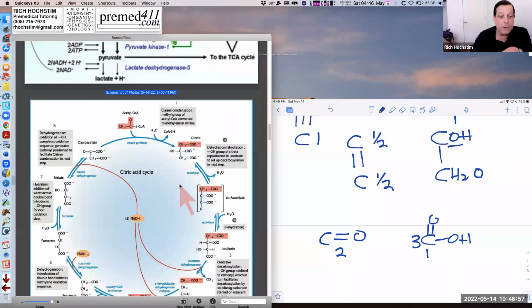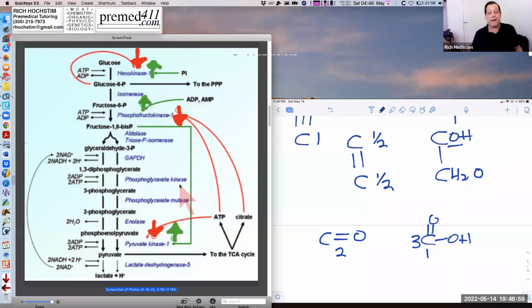Okay, so what we're going to take a look at now is how you control glycolysis and the Krebs cycle. So the idea is, if you want to do glycolysis, you want to make ATP. If you don't need ATP, you don't want to do glycolysis.